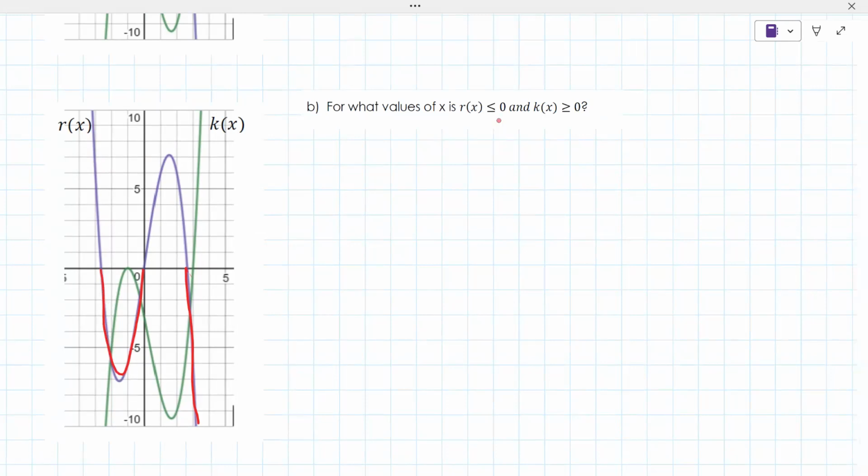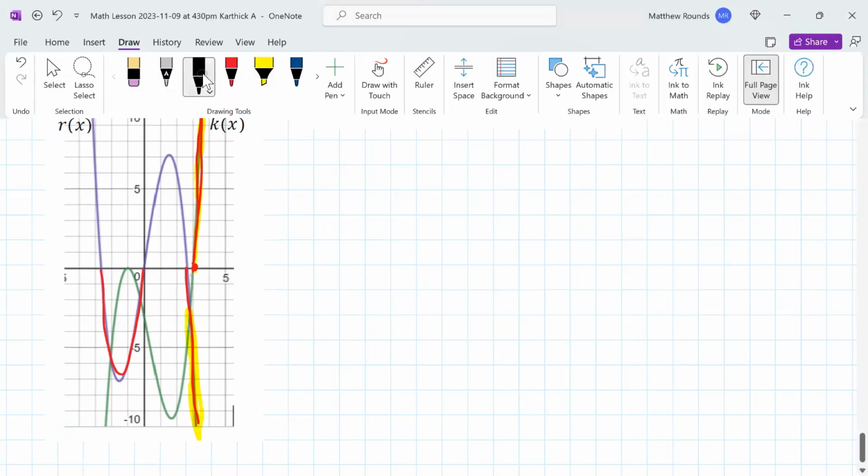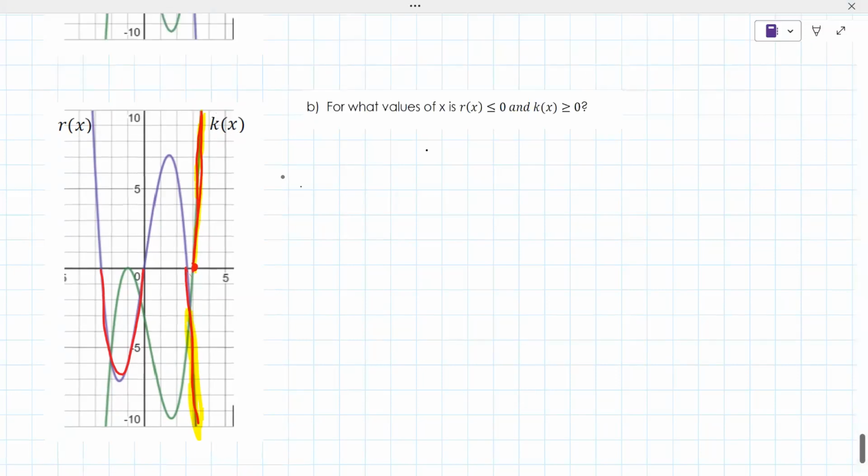Is there any region where that's true? It looks like on the right here, where I'm highlighting, is the only place where both appear to be true. So that would be from 3 to infinity. These are pretty tough because you have to be confident you've got both selected.